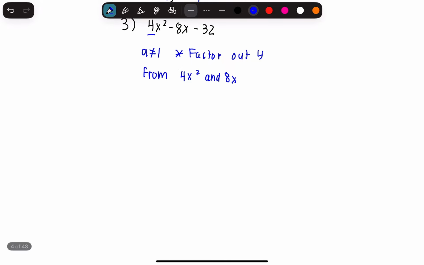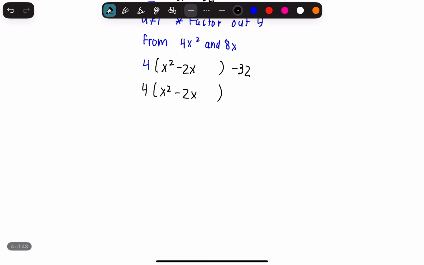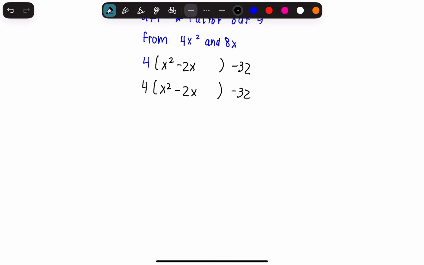So what you'll do is you write 4 times x squared minus 2x, and then leave a blank here, minus 32 again.